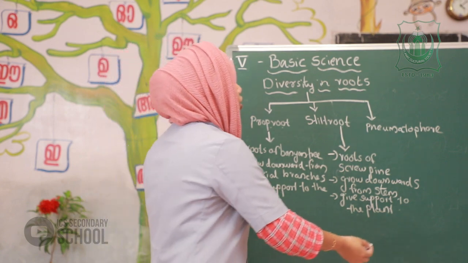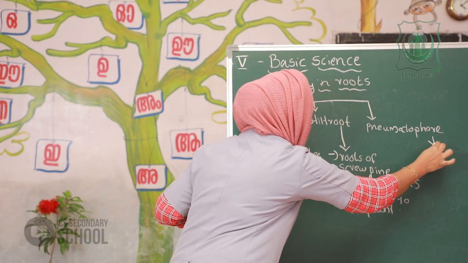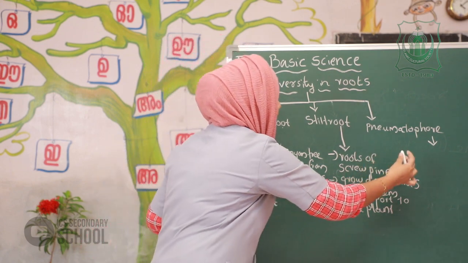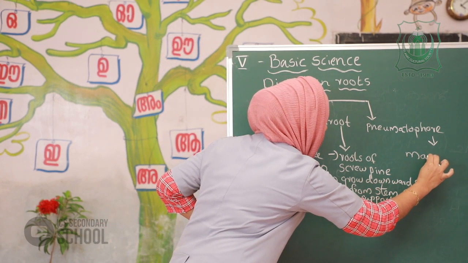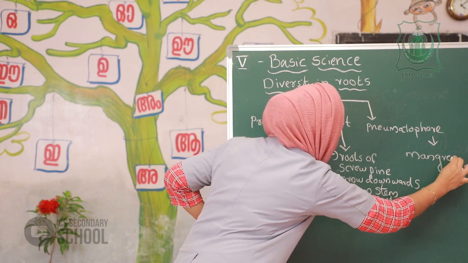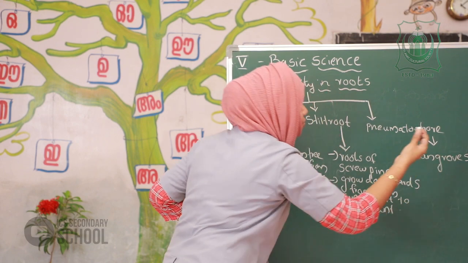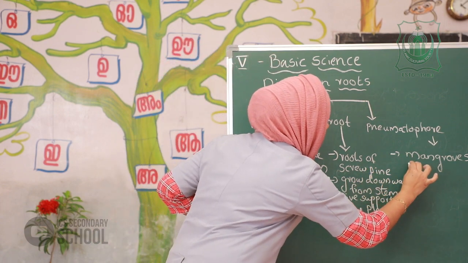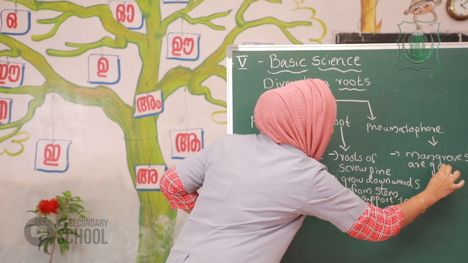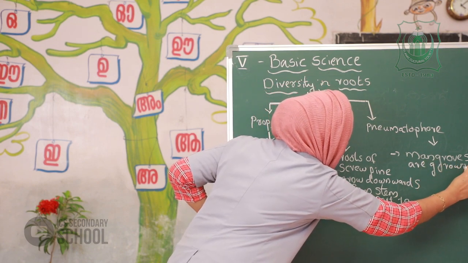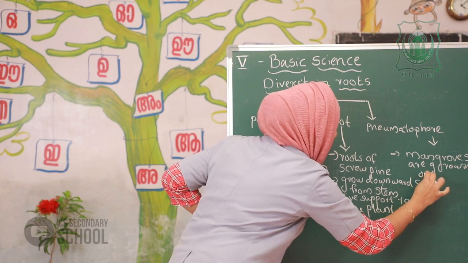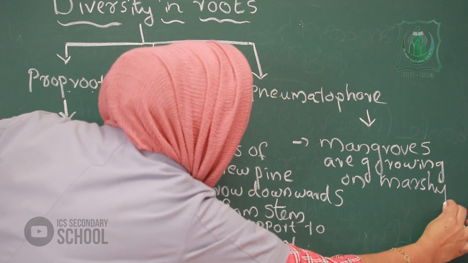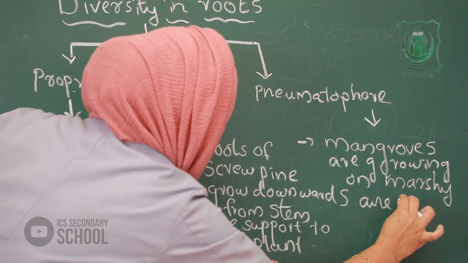So pneumatophore is the root of the mangrove. Mangroves are growing on marshy areas.